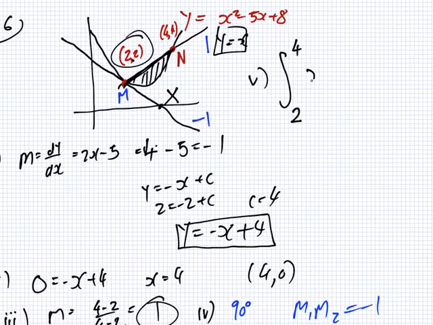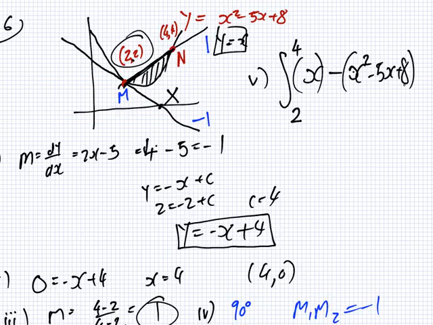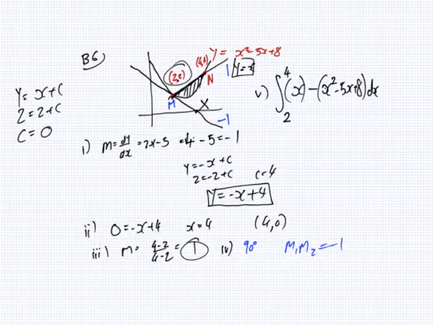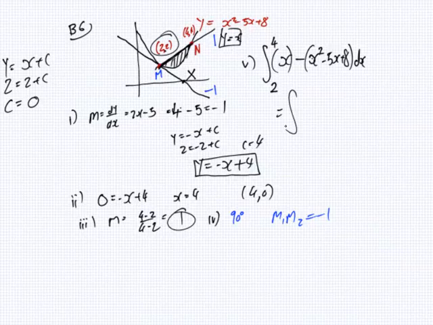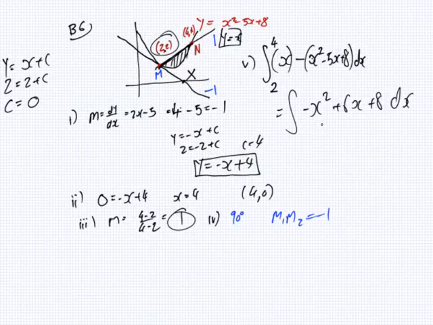So it'll be x minus, you remember all of this, don't you? Roughly. x squared minus 5x plus 8 dx. So this will be minus x squared plus 6x minus 8 dx, from 2 to 4.